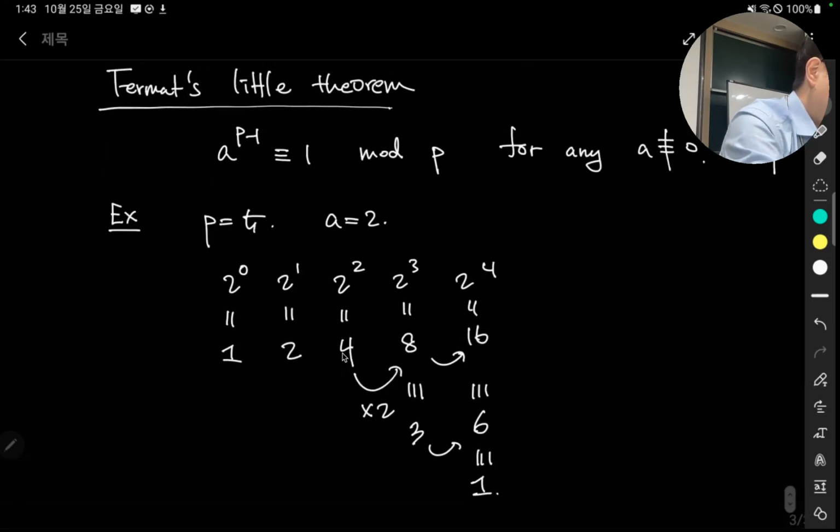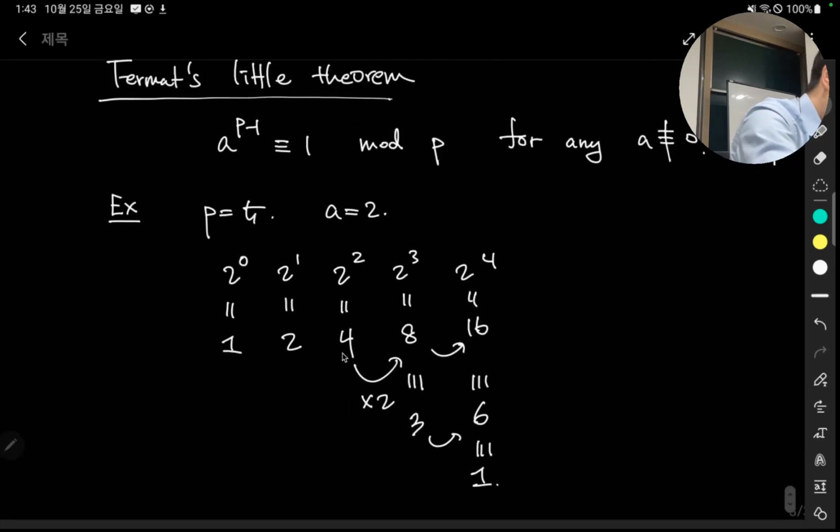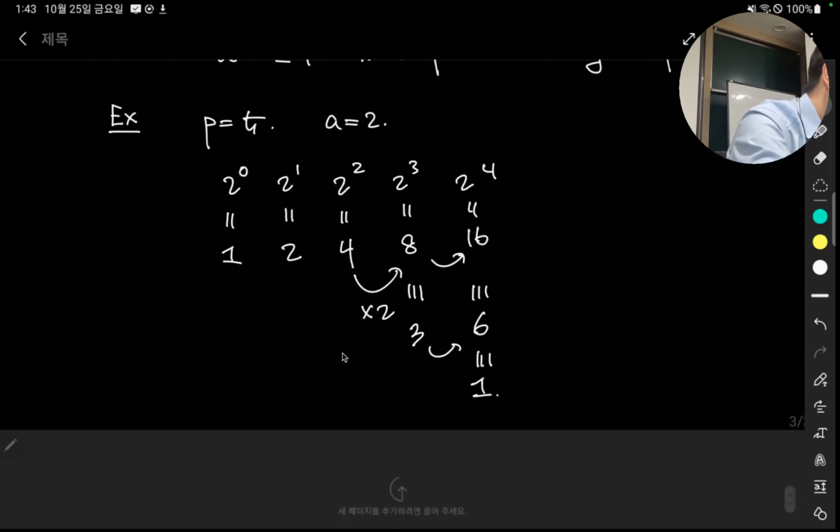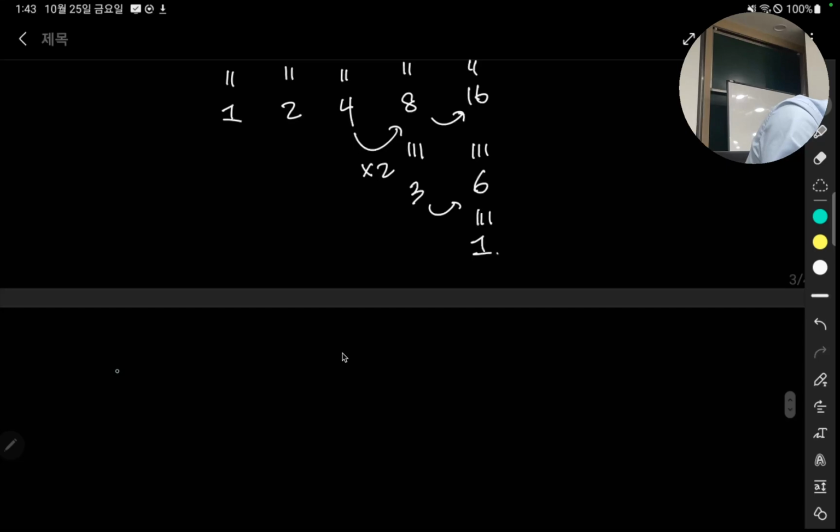I'll explain why this is important. Here, this example shows why Fermat's little theorem holds for this small prime and number, but it holds for every number. And think about Bob's plan.